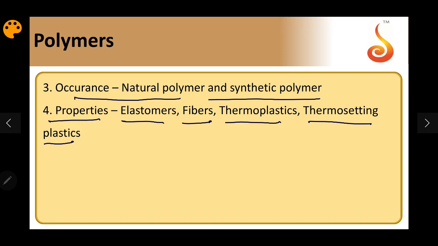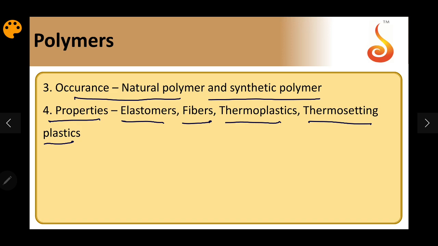Fibers are the ones which have very strong intermolecular forces between the monomer molecules. Thermoplastics are the ones which have intermolecular forces intermediate between fibers and elastomers. These thermoplastics can be remolded. They get softened on heating, they become hard on cooling, and again when you heat, they regain the original properties.